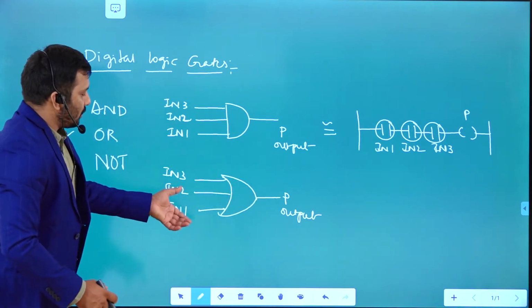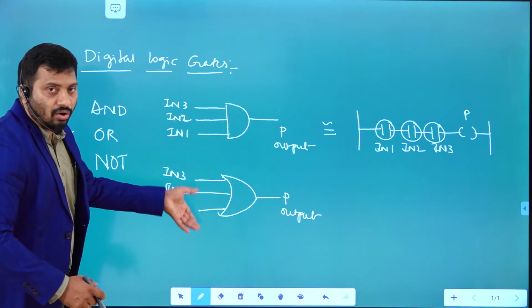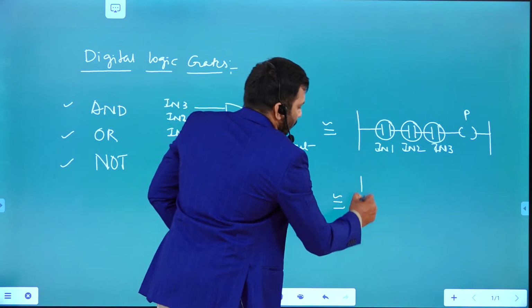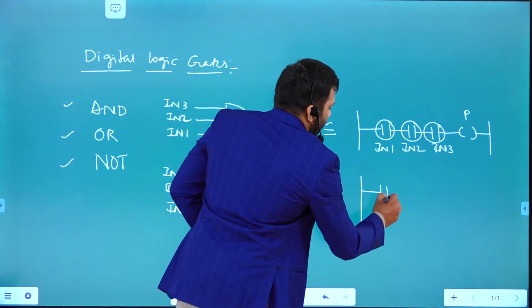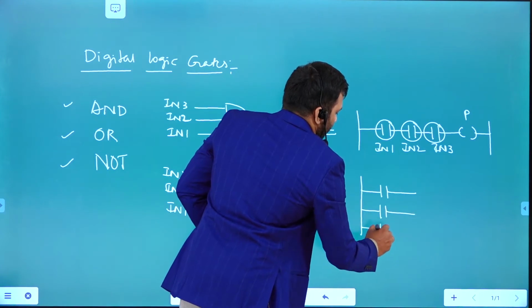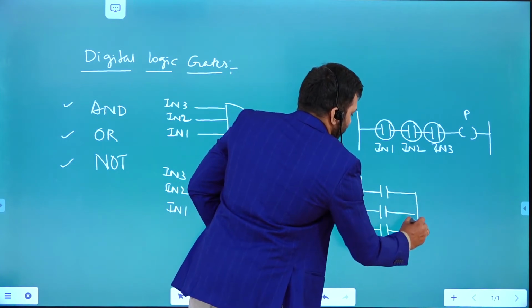This is the equivalent circuit of the basic OR gate in a PLC, the way the OR gate exists in PLC ladder programming.